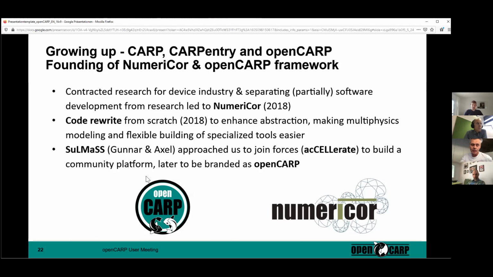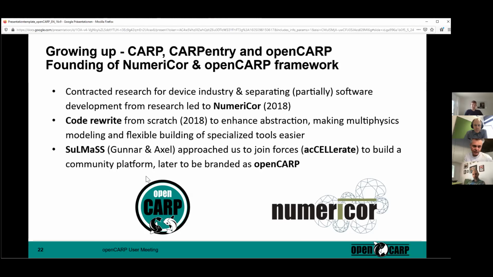At the same time, at one of the CARP workshops, Gunnar and Axel approached us. They got funding for this. I never know what it stands for, SOLMES, or whatever the name of that project is. They had funding for building an open source cardiac EP simulator, and they approached us whether we would be interested in doing this together.